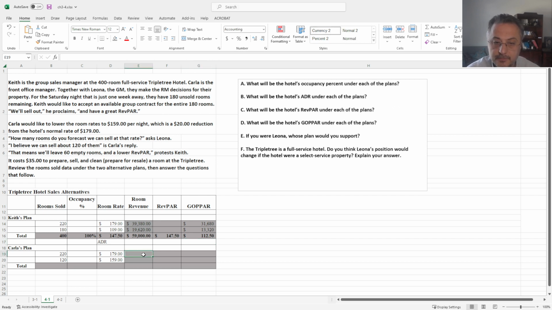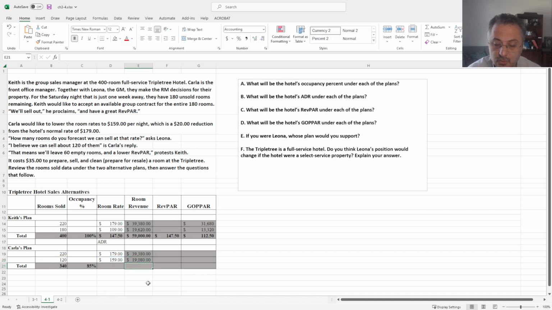Now, let's look at Carla's plan. First, how many rooms sold? 340, okay? And occupancy is going to be 85%. Once again, to be able to calculate the ADR, let's go with the room revenue first. 179 times 220 and 159 times 120.